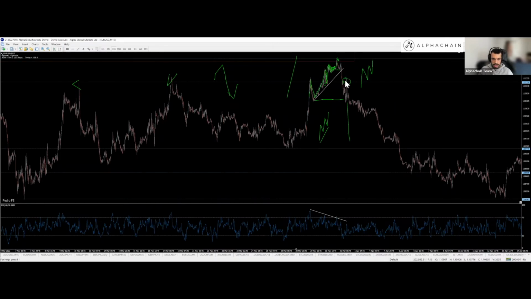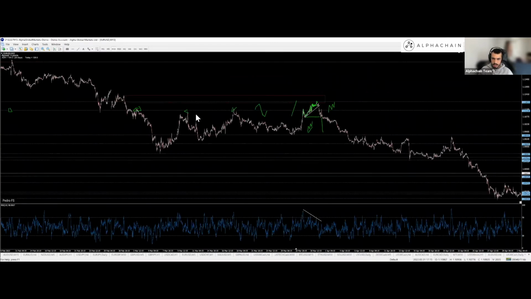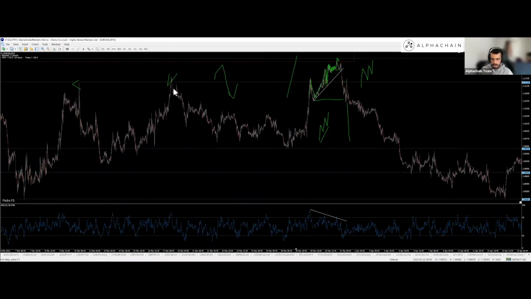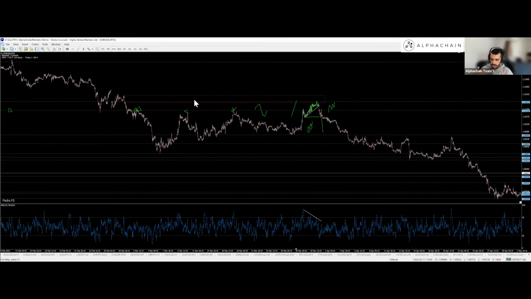And this could have been a second entry aligned with this previous level as well, initially support, then resistance, and then it works again as a resistance to look for the sell. So yeah, this was a complete combination of two levels of support and resistance zone, and how you usually see it working. Initially it's respected.